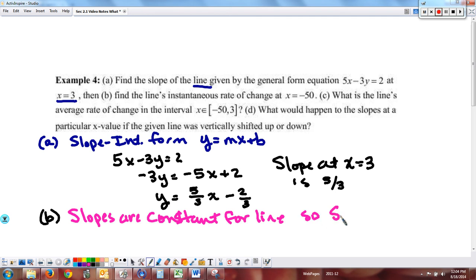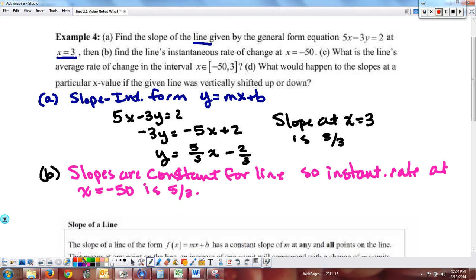So the slope, or actually let's use the notation they're asking for, the slope, which is the instantaneous rate of change, at x equal to -50 is the same as it was at x equal to 3, and so it is 5/3. No different. We're on a line. Lines are the easiest thing to look at. We don't even really have to think about calculus here.